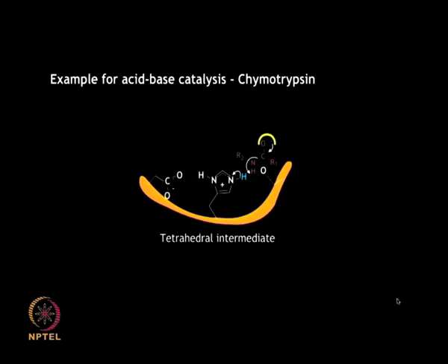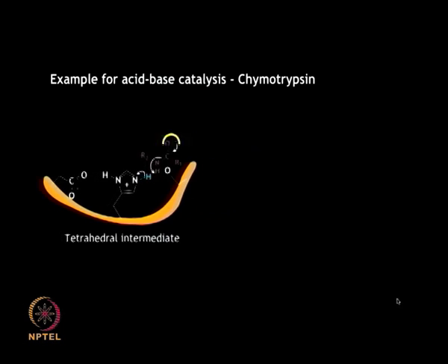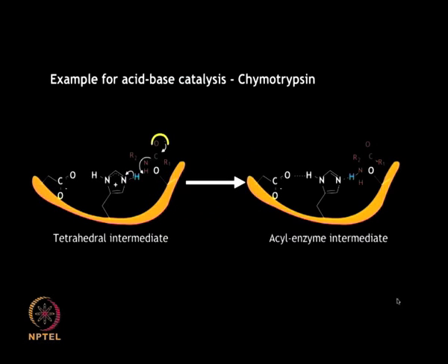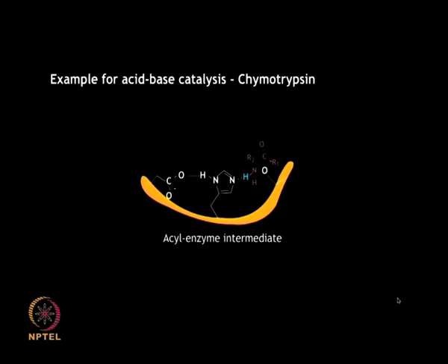Following substrate binding and nucleophilic attack of the serine on the carbonyl group, the geometry of the intermediate becomes tetrahedral, and the negative charge developed on the carbonyl oxygen gets stabilized through interaction with other side chains of the protein in a site known as the oxyanion hole.